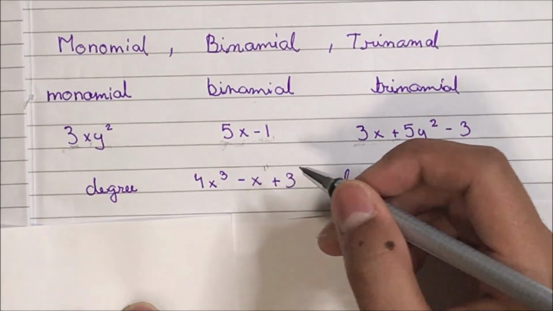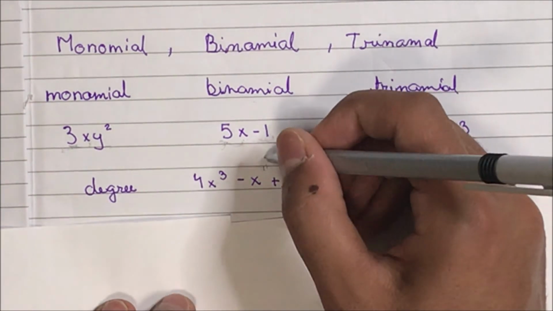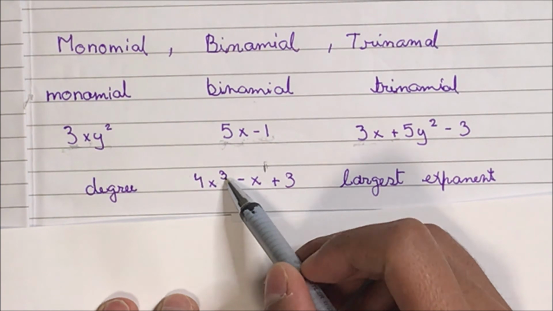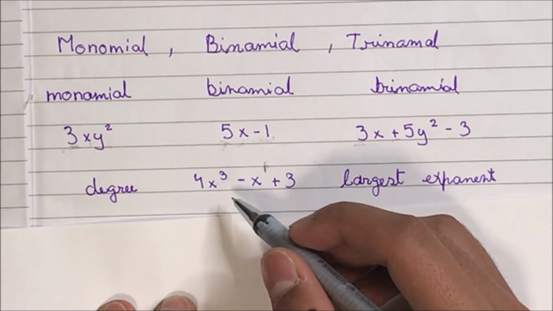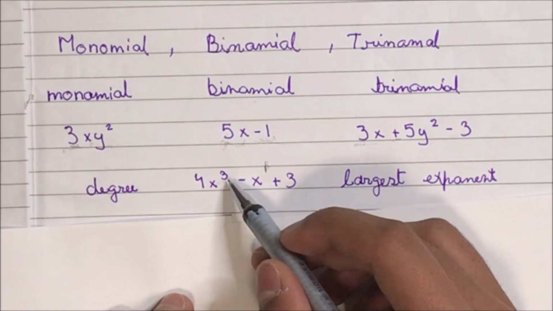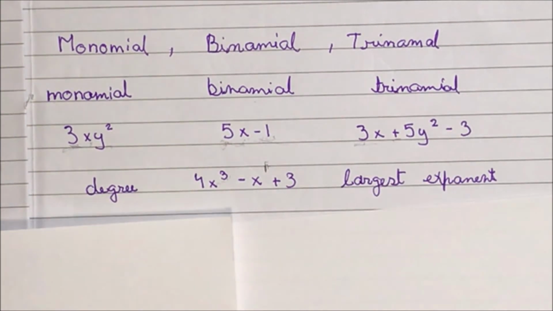So if you're just multiplying by itself, 1 means nothing. So you have 3, 1. The 3 is bigger, so this would be called a third degree polynomial. If the largest exponent was 5, this would have been called a fifth degree polynomial.